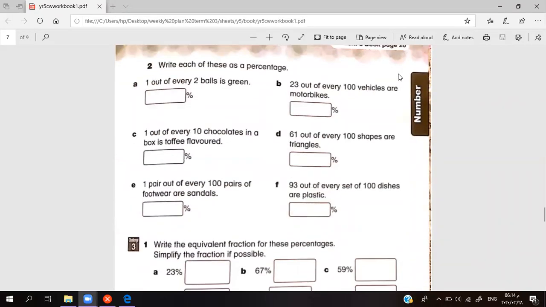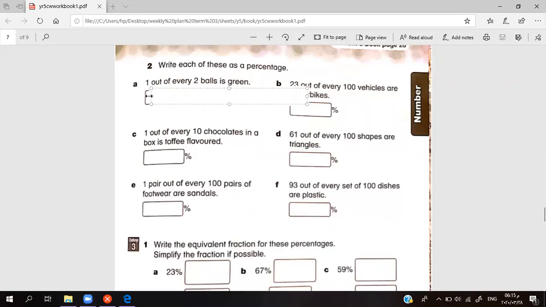Now on this page he's saying write each of these as a percentage. Okay, 1 out of every 2 balls is green. What does 1 out of 2 mean?